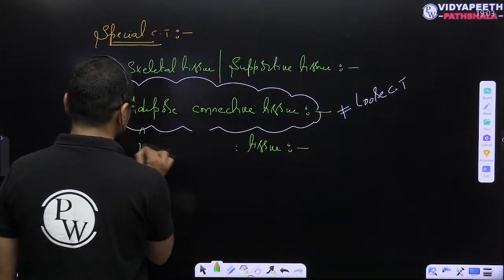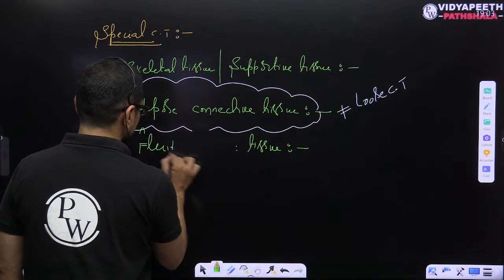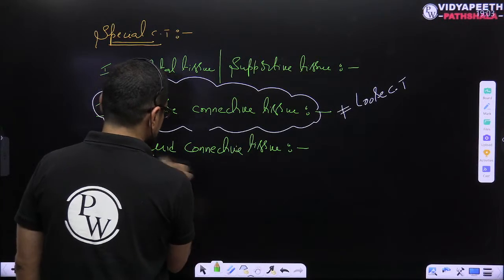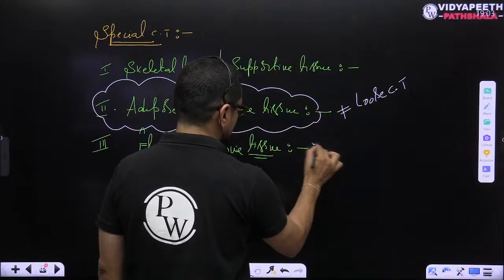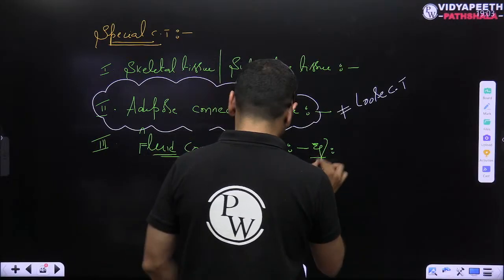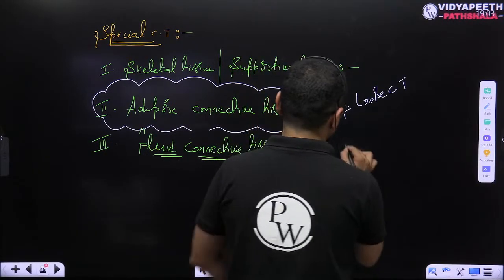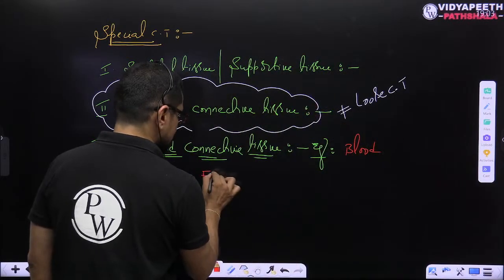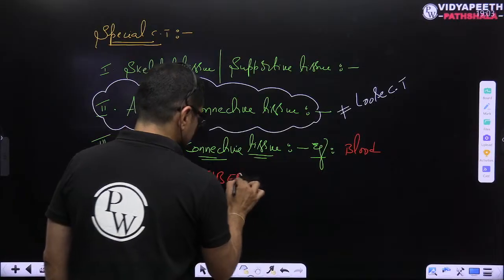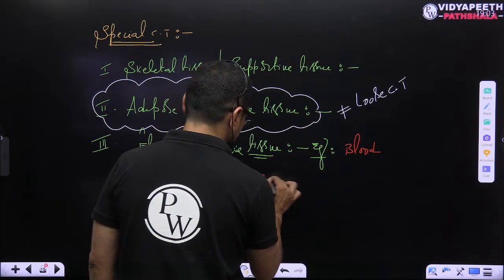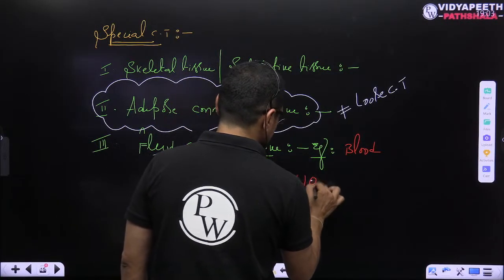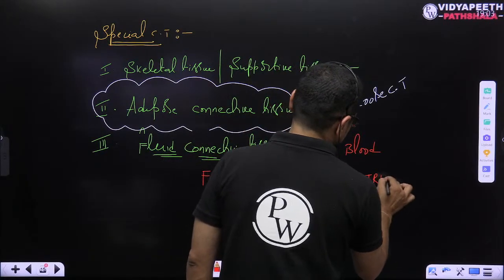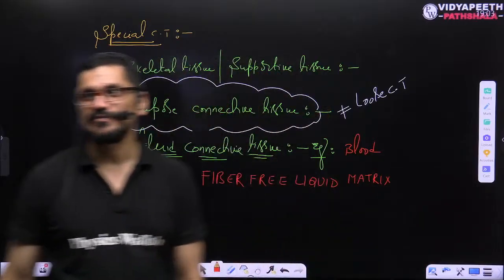I will write here the fluid connective tissue. The example for the fluid connective tissue is blood. I will write one statement here: fiber free liquid matrix. This is the statement of today's class.